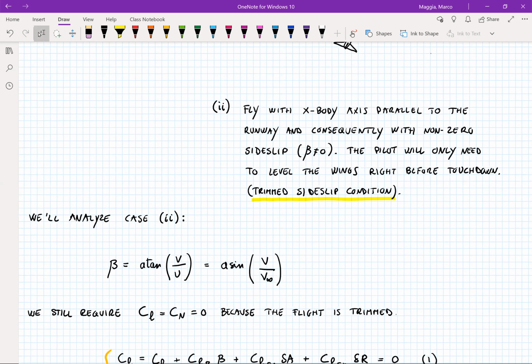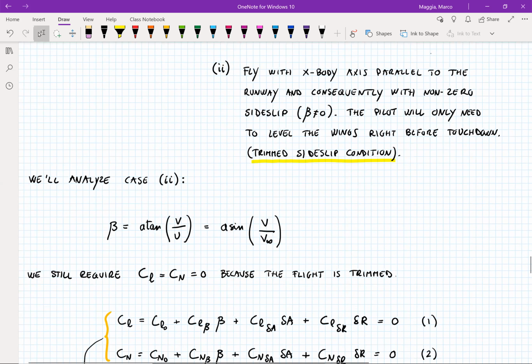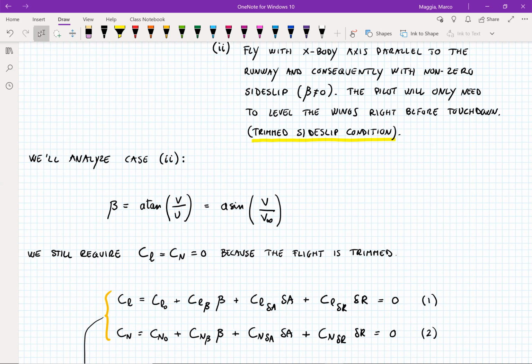So let's analyze this second case that is more interesting. Given the two components of the wind velocity relative to the aircraft, or the velocity of the aircraft relative to the wind, it's the same thing, the side slip angle is the arctangent of the cross component v divided by the forward component u, or arc sine of the cross component v divided by the overall relative velocity v infinity.